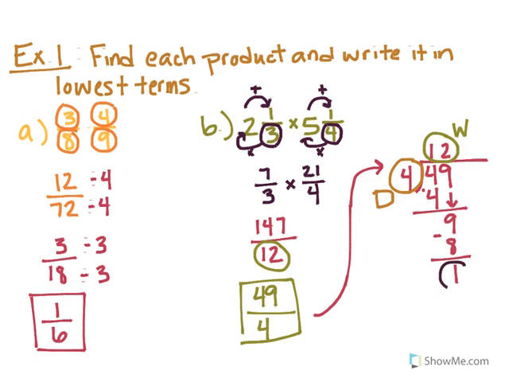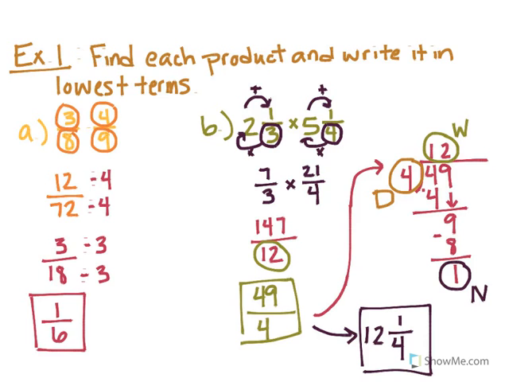And the very last number that we ended up with here, the remainder, actually becomes our new numerator. So that means our final answer as a mixed number is 12 and 1/4. So either of these answers are fine. It just depends on the instructions of the question.